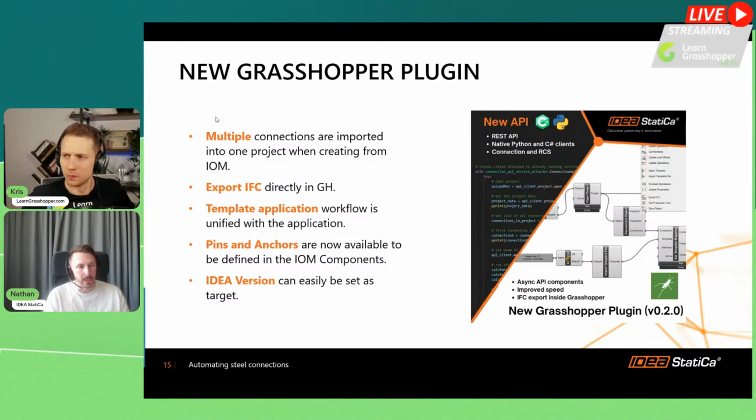It's a native REST API. IDEA StatiCa provides clients for both Python and C#, but since it's REST, you can create your own clients using any programming language that you would like. And we have built the new Grasshopper plugin on top of that.